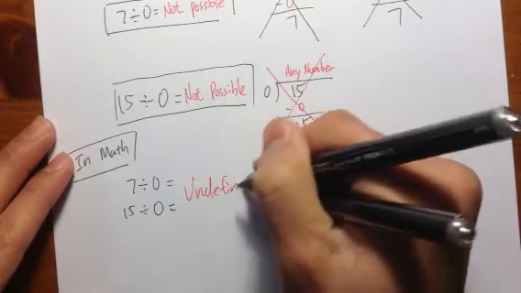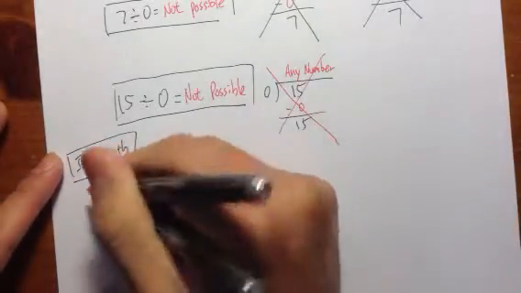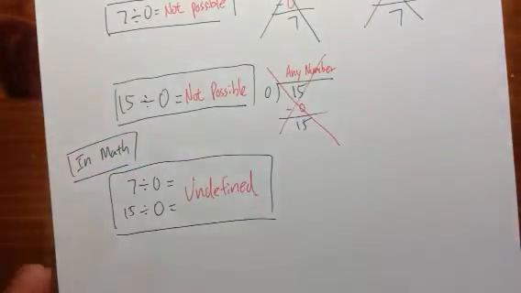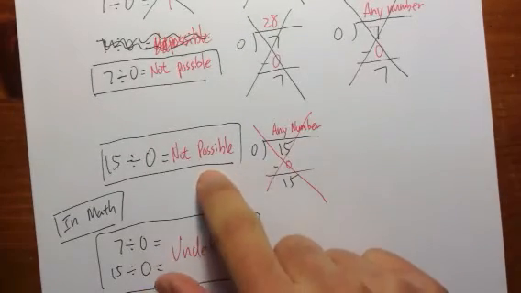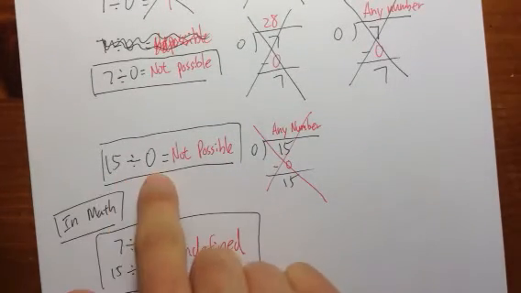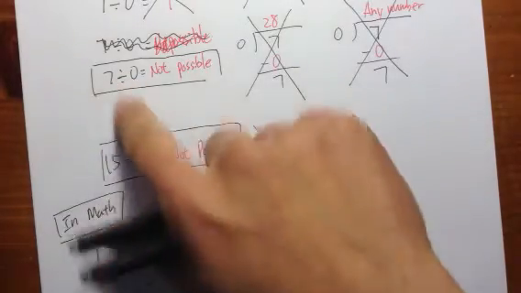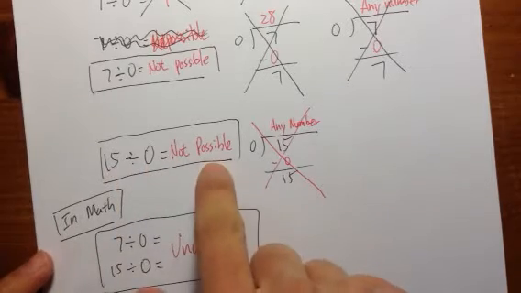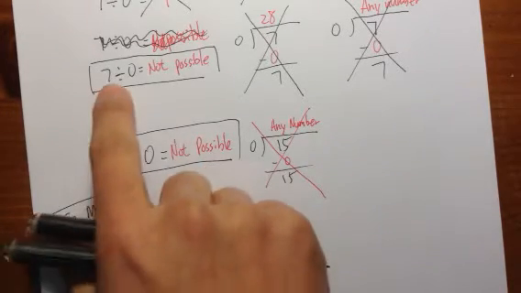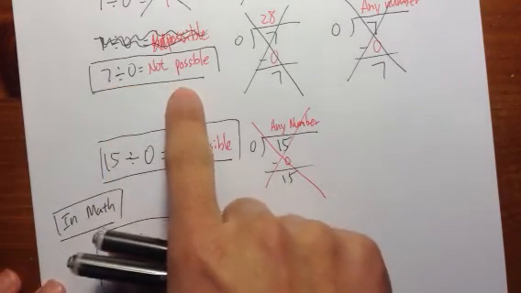Because it's not possible for you to find the answer when you are doing 15 divided by 0. Regardless of which number you're plugging right here, it's not possible. In math, we call that undefined. This is a meaningless calculation. So 15 divided by 0 is a meaningless calculation, and 7 divided by 0 is a meaningless calculation.